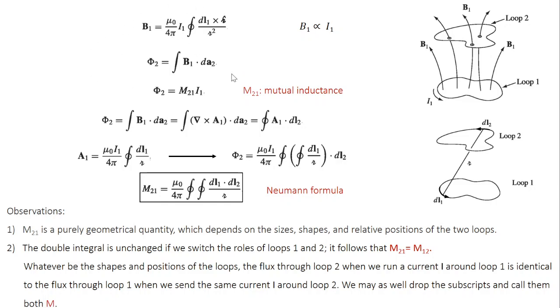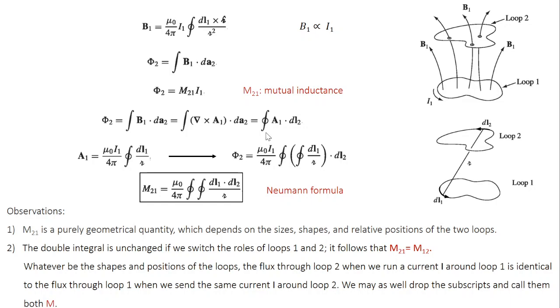Now I can write the magnetic vector potential as A1 equals mu naught I1 over 4 pi integral dL1 by R. This is using the Biot-Savart law.